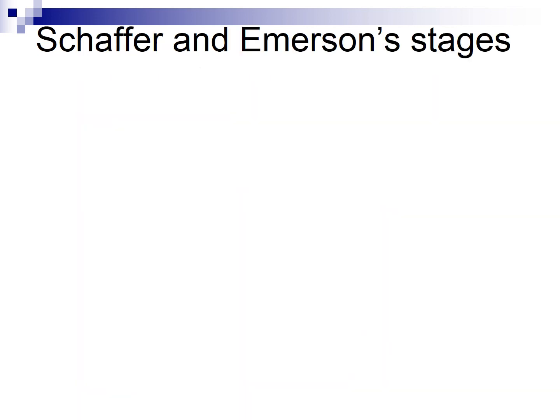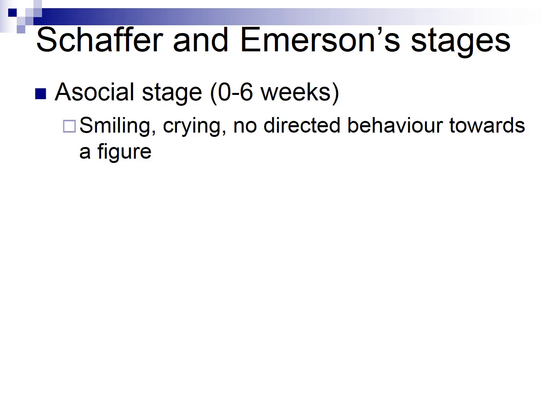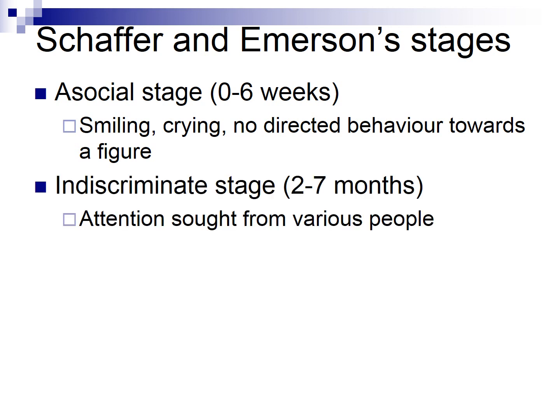So from this research they were able to establish some stages. First stage is called the asocial stage, and this is 0 to 6 weeks. So lots of smiling, crying, but it's not really directed at anybody. The indiscriminate phase, which is they want attention, but they want attention from lots of different people, and this happens between 2 to 7 months.